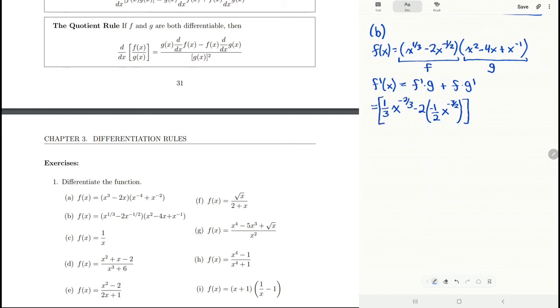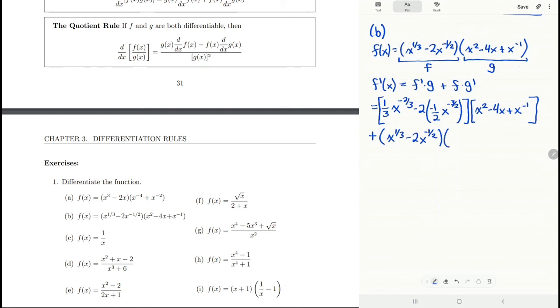So this is our f prime. This will be multiplied by g, which is x squared minus 4x plus x to the negative 1. And then we add this to f, which is x to the 1/3 minus 2x to the negative 1/2, and we multiply this by g prime.